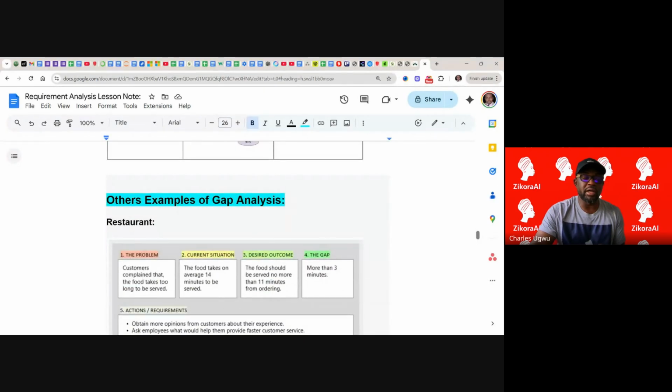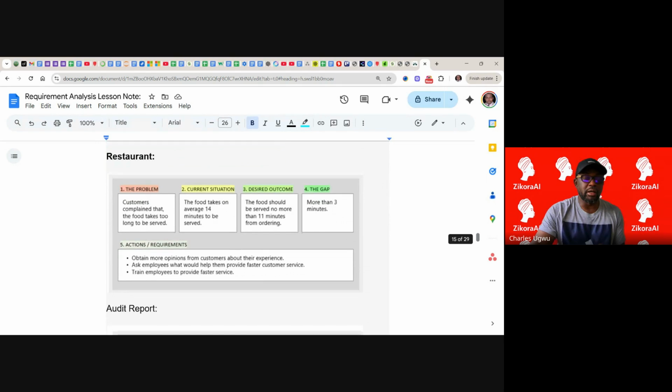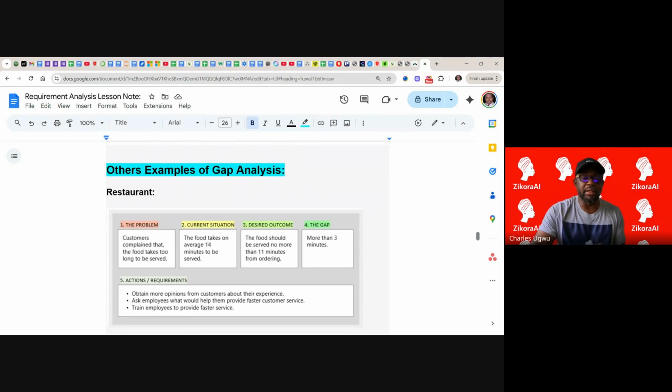So let's look at gap analysis fully. When we're talking about gap analysis, we'll try to understand the gap in a process or in a situation, a state where there are challenges.